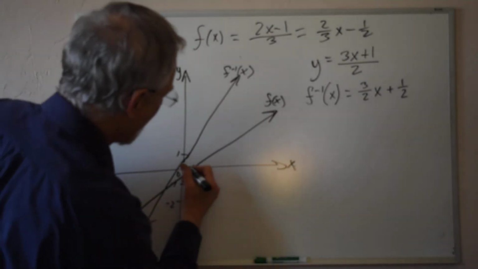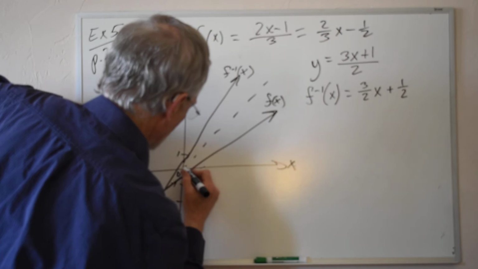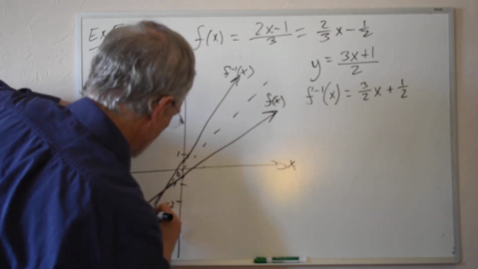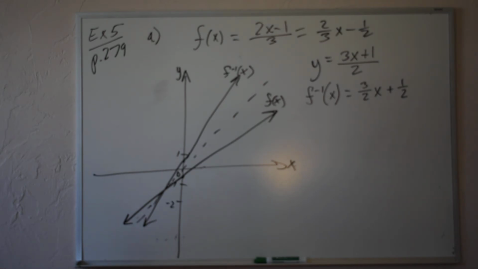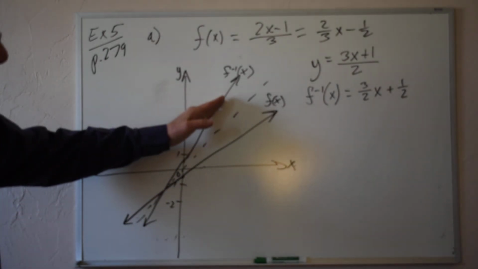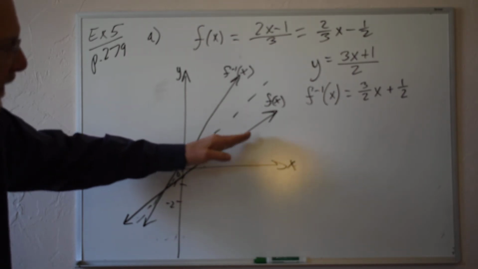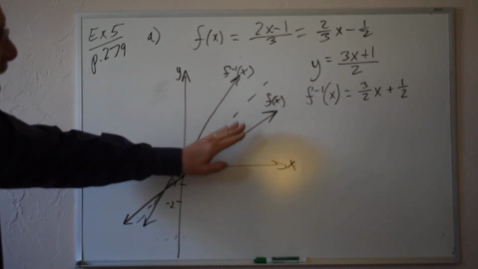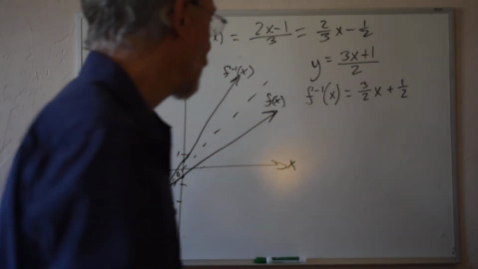Now, if you looked at that 45-degree angle itself, you see that the inverse is the mirror image of the original function, and vice versa. Flipped around this 45-degree angle. And what's the equation of the 45-degree angle?